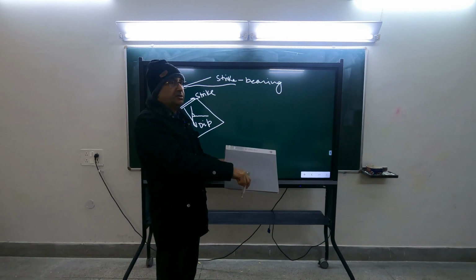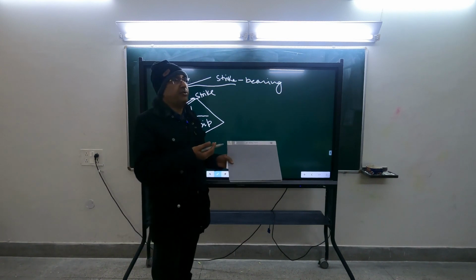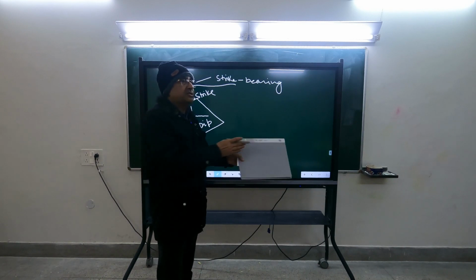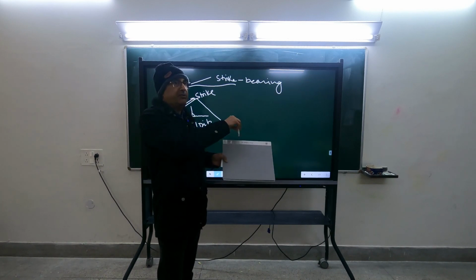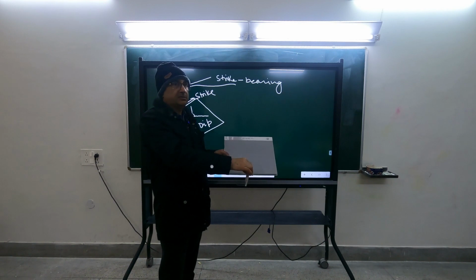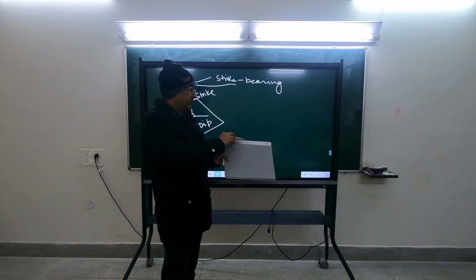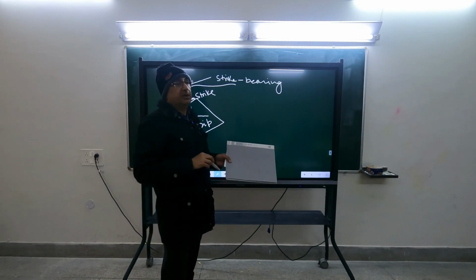So this is the dip direction. If I say strike slip fault, what does that mean? That the movement is occurring in this direction. When I say dip slip fault, movement is occurring like this. What is oblique? Normally we have oblique where both strike slip and dip slip occur.